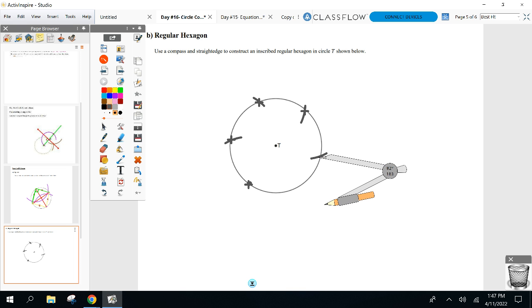Keep traveling around. What do I have? 1, 2, 3, 4 arcs now. And here's 5 and 6 coming up.